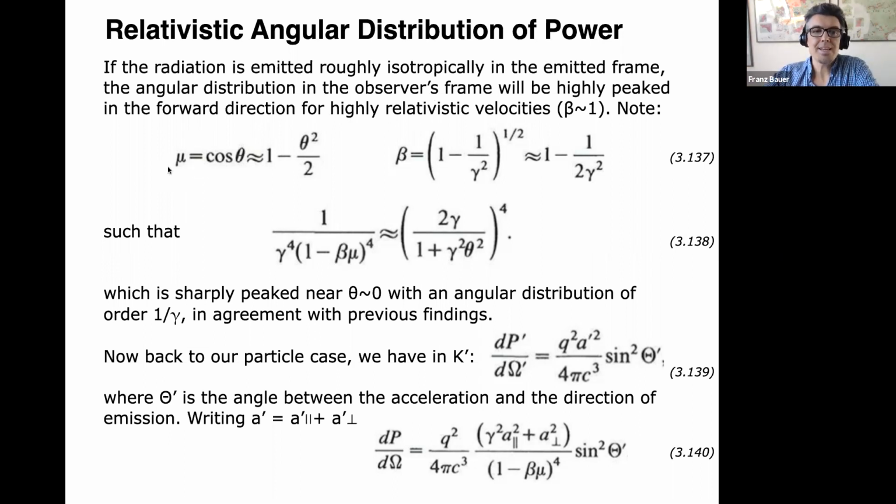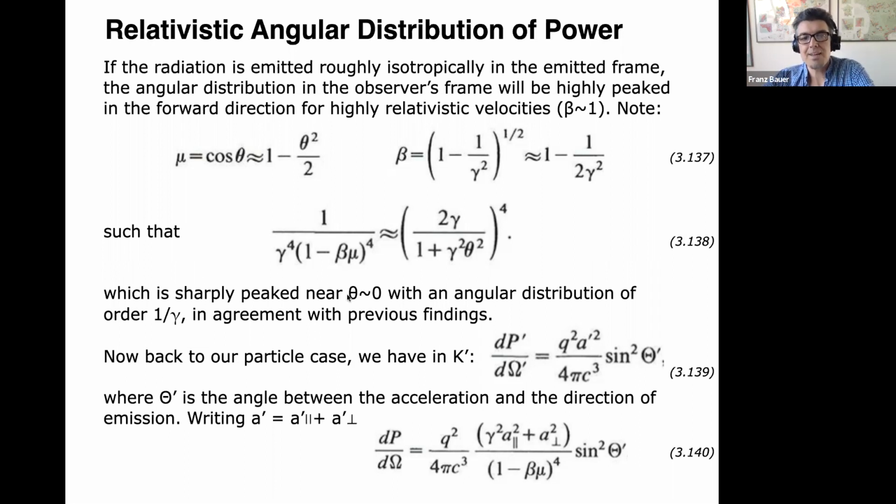And so for this thing, which is cosine theta, theta ends up becoming very small. You can make a small angle approximation, which looks like this. Beta looks like this, with a Taylor expansion. And so this thing here will end up looking like this. And so we have a very strong directionality or boosting that happens in certain solid angles.